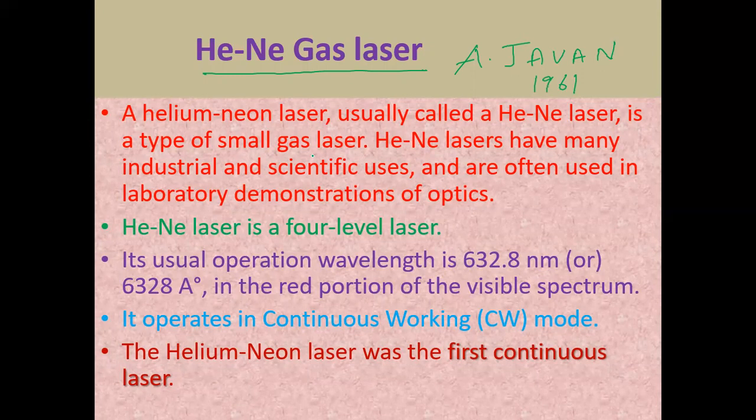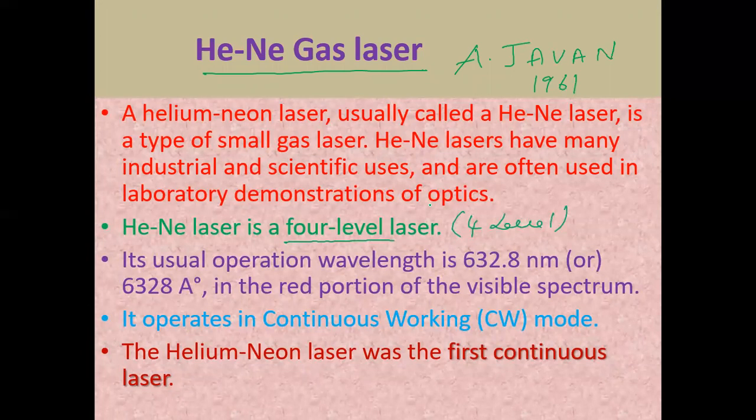The working principle of the helium neon laser involves 4-level energies. That means the helium neon laser is a 4-level laser system. We already discussed that the ruby laser is a 3-level laser system.